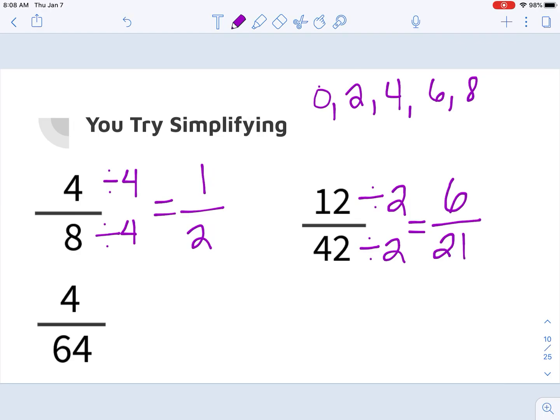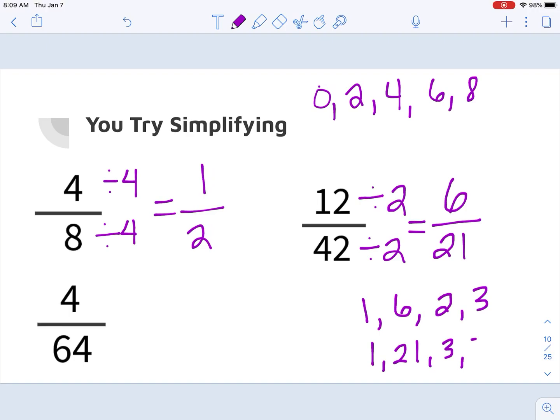Okay, now that is not simplified all the way. If I think about the number 6 and 21 and I think about its factors, there's another number that can go into those two. So for 6, I know that 1 times 6 makes 6, and 2 times 3 makes 6. For 21, I know 1 times 21 makes 21.